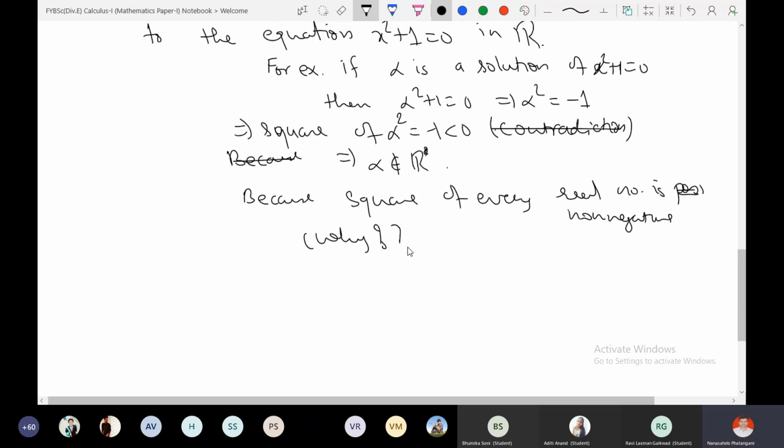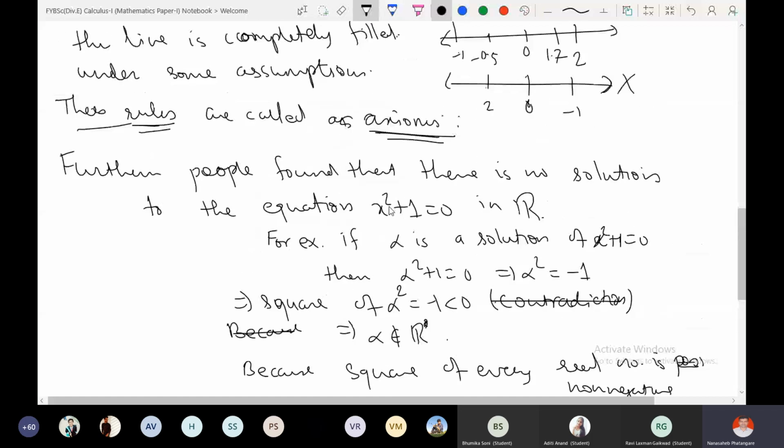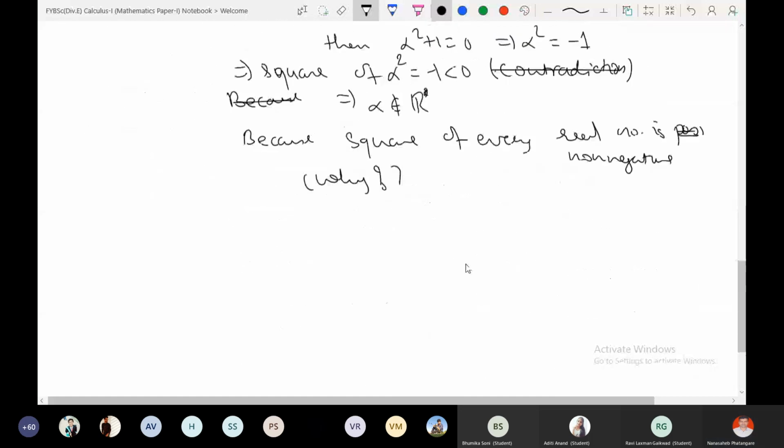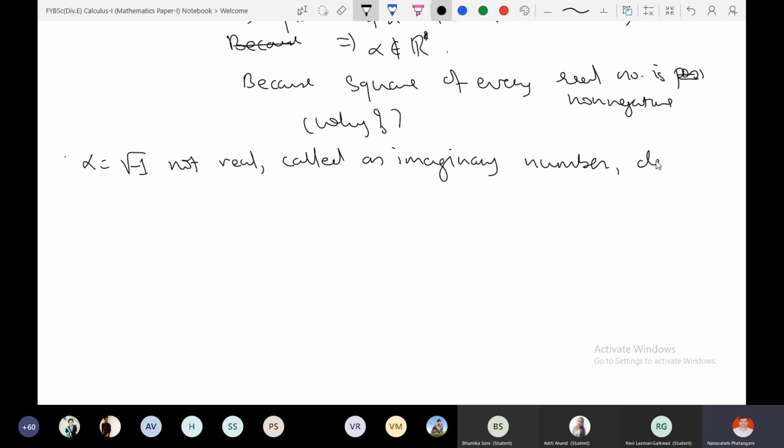And therefore, people thought that real numbers are not sufficient, and included such numbers. So alpha is not a real number, and alpha is the square root of minus 1, which is called an imaginary number, denoted by root minus 1 is equal to i.